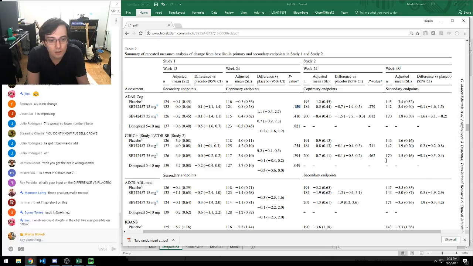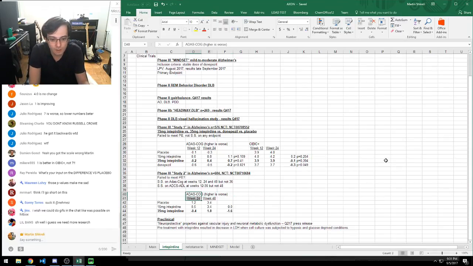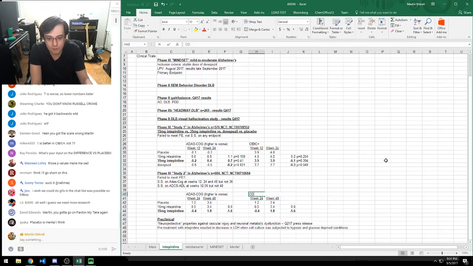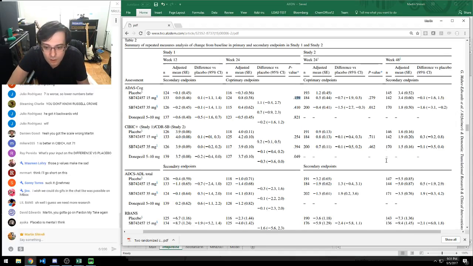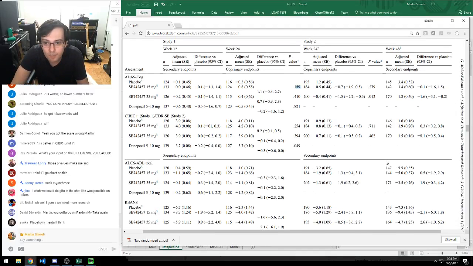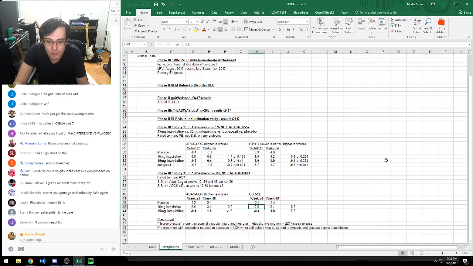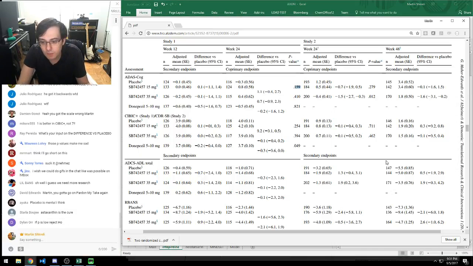So let's look at CDR sum of boxes. And in CDR sum of boxes, we had minus 3.2 for placebo at week 24, and minus 5.5, so they're getting worse, for placebo at week 48.